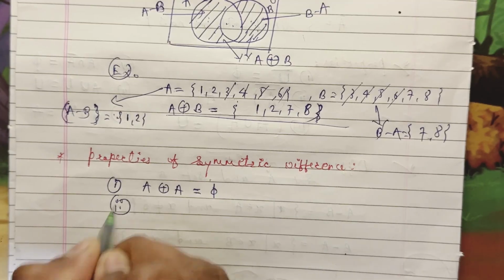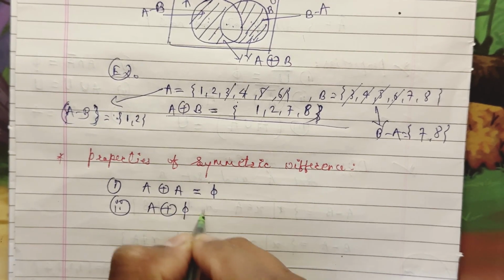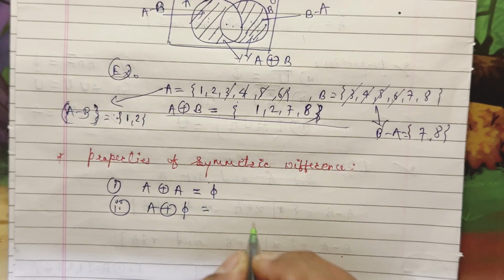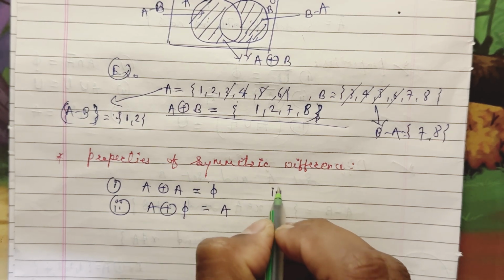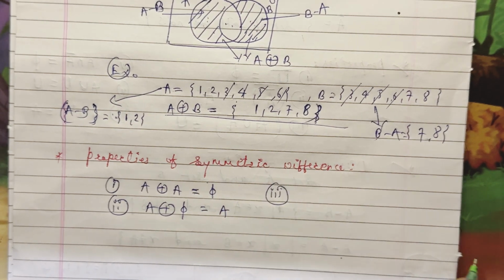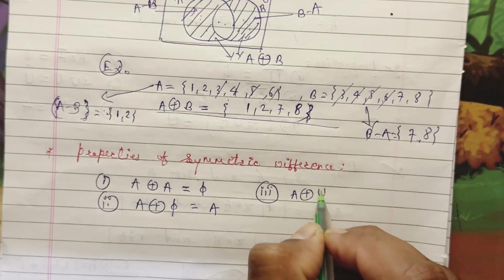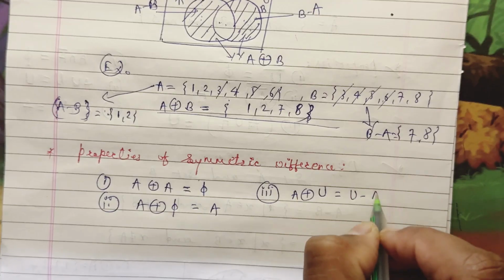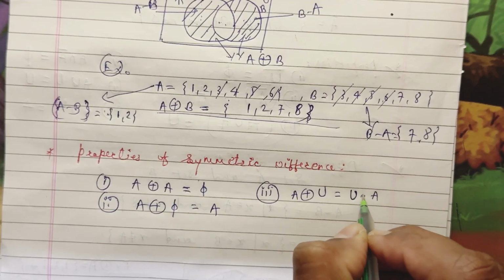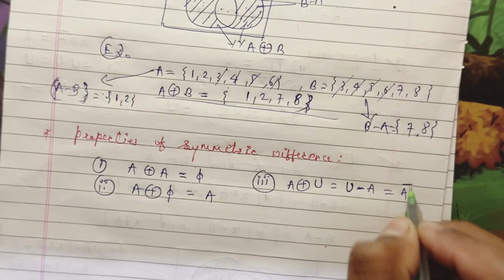Second, the symmetric difference of A with phi gives you the set A. Third property, the symmetric difference of A with the universal set U is U minus A, which is the A complement.